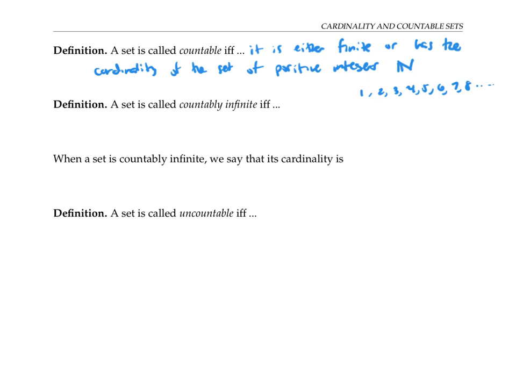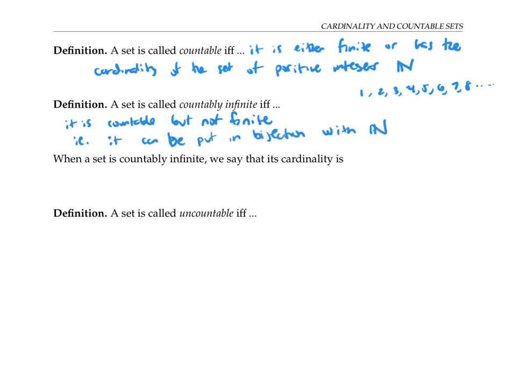A set is called countably infinite if it is countable but not finite, i.e. it can be put in bijection with the positive integers. And when a set is countably infinite, we say that its cardinality is aleph naught.